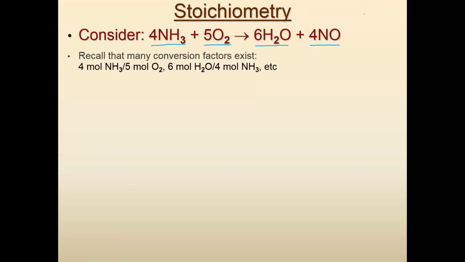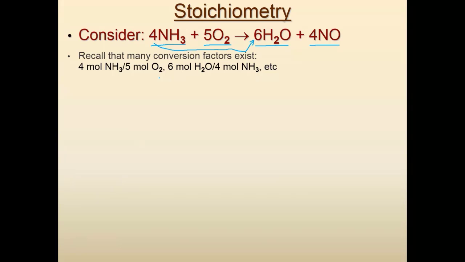So while I say it's going to take 4 molecules of NH3 to form 6 molecules of water, I could also say it'll take 4 moles of NH3 to form 6 moles of water. And I can relate any two of these substances without paying attention to the other two.